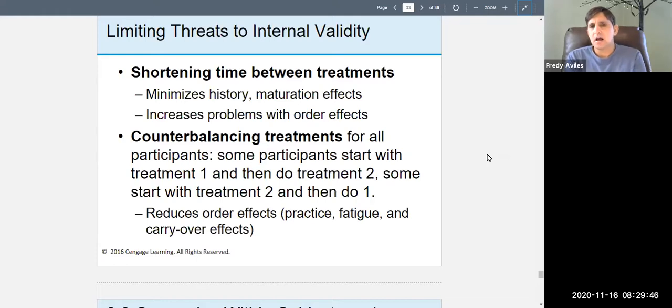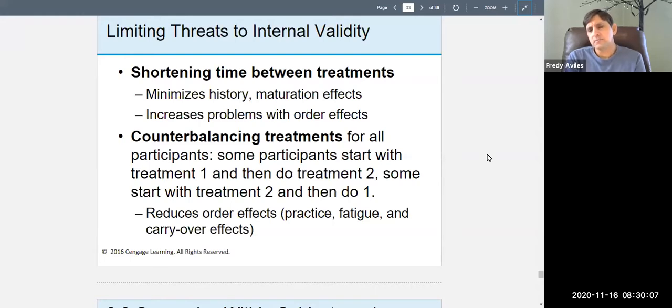That reduces problems with practice, basically practice effects, because participants go through the experiment several times. And if they always go through it in the same order, then you have the same practice effects in the same order. So if you mix up the order, it deals with that problem, okay?